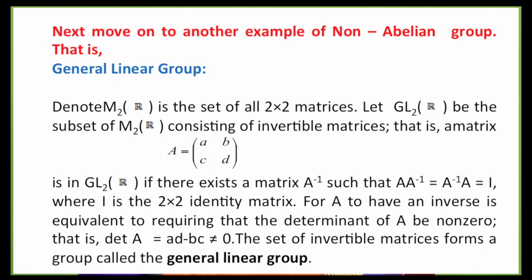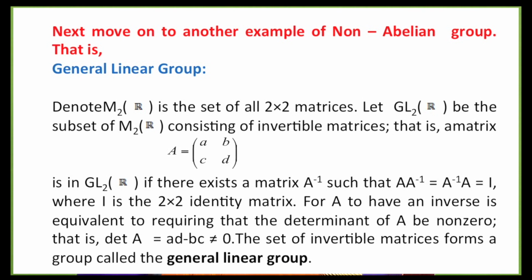That is, matrix A equals (a, b; c, d) is in GL2R if there exists a matrix A inverse such that A times A inverse equals A inverse times A, which equals I, where I is the 2 by 2 identity matrix.